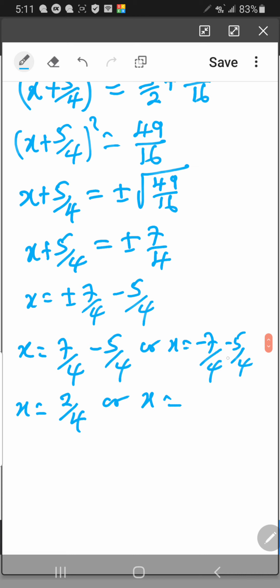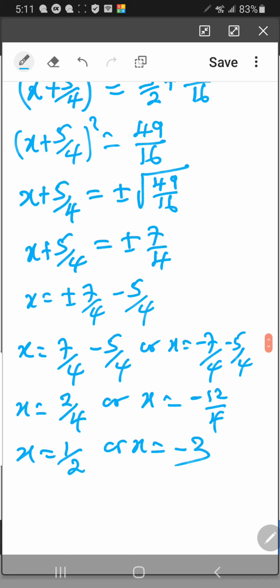So x is negative 7 over 4 minus 5 over 4 is negative 12 over 4. So x is equal to a half, or x is equal to negative 3. So this is the solution to the quadratic equation we had above by the method of completing the squares.